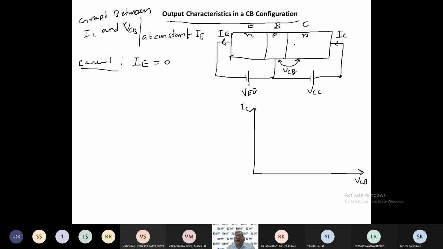Now you will find base and collector is reverse bias, right?